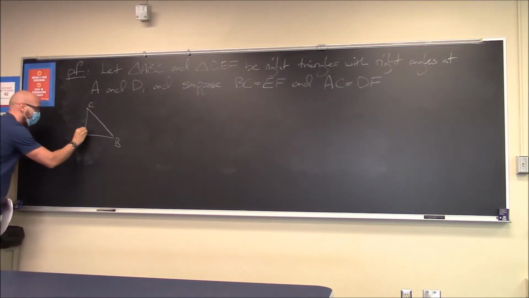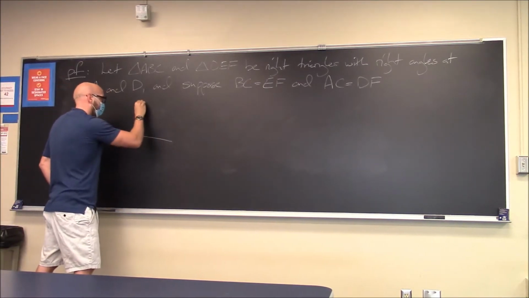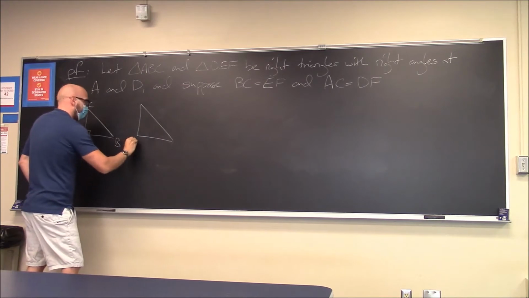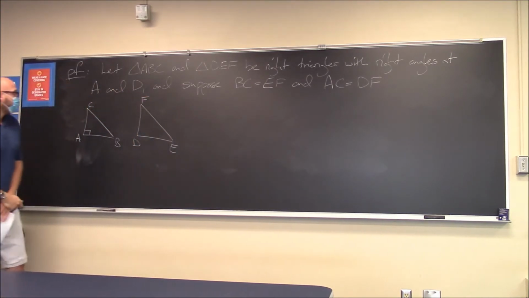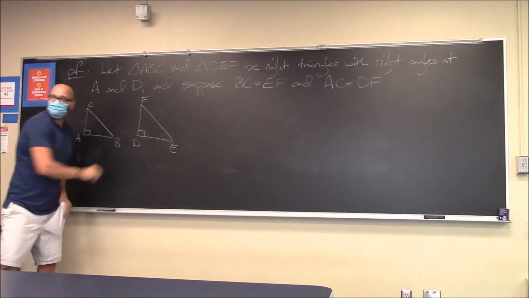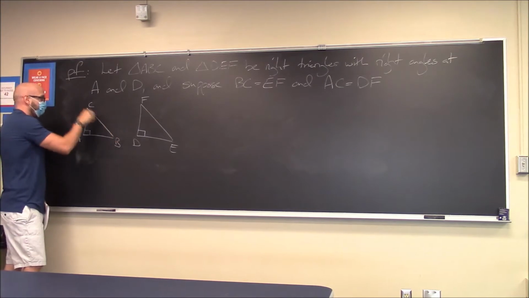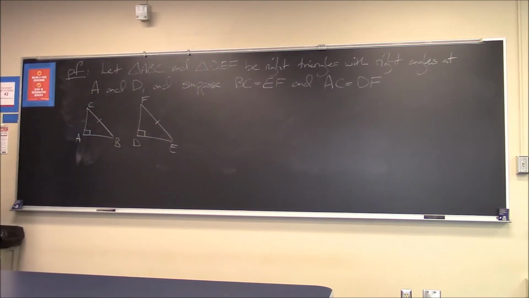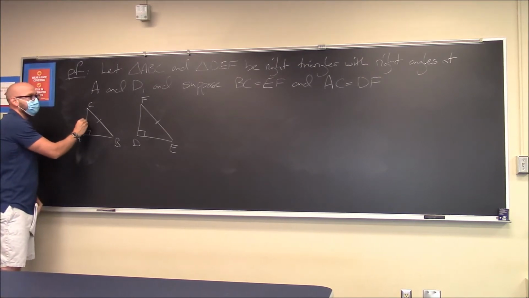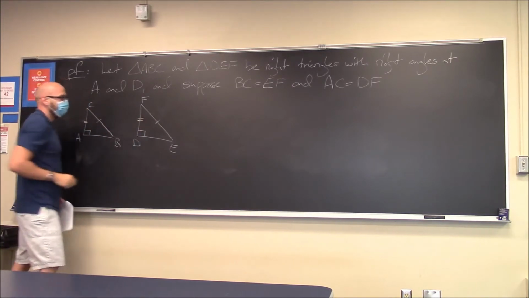This first one has the right angle at A. And another triangle, DEF. This one has the right angle at D. And we've said, okay, side BC, the hypotenuse here, has the same length as side EF. The hypotenuse there. And this vertical leg AC is congruent to this vertical leg DF.